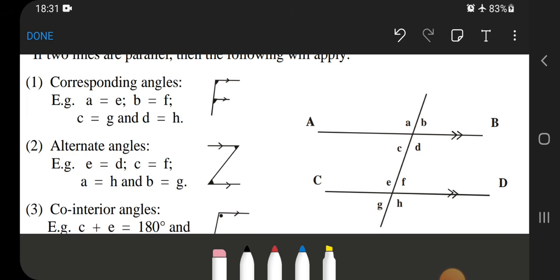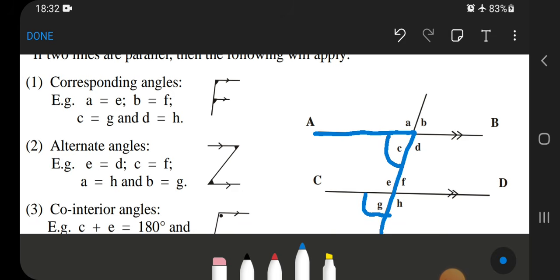So corresponding angles are the ones that make up an F. Let's go from here to here. So D and H are corresponding angles. And then on this side we go like this, C and G are also corresponding angles.